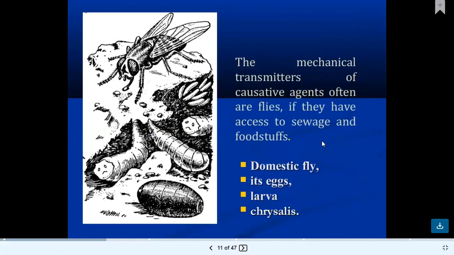Now, the mechanical transmitters of pathogenic agents are often flies, if they have access to sewage and foodstuffs: the domestic fly, its eggs, larva, and chrysalis.